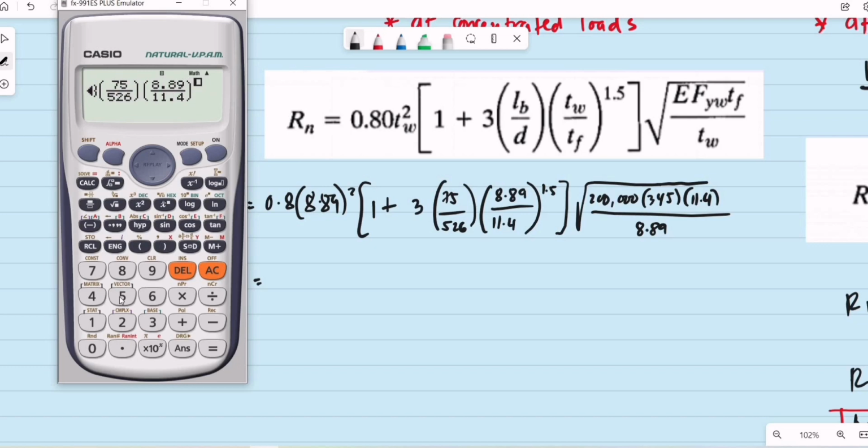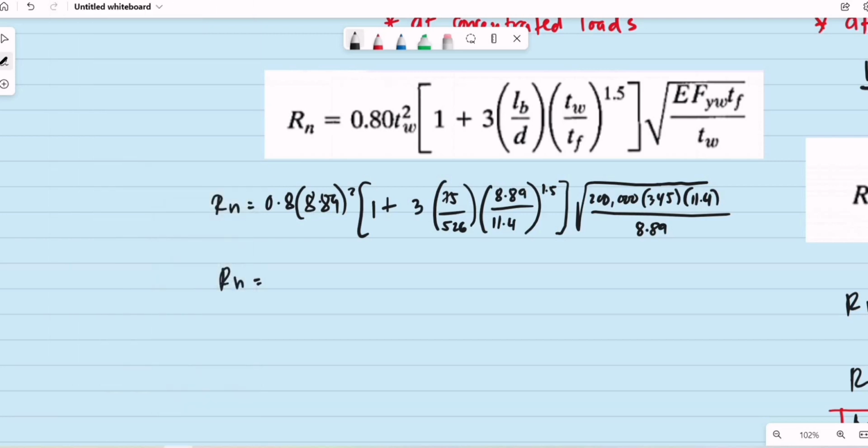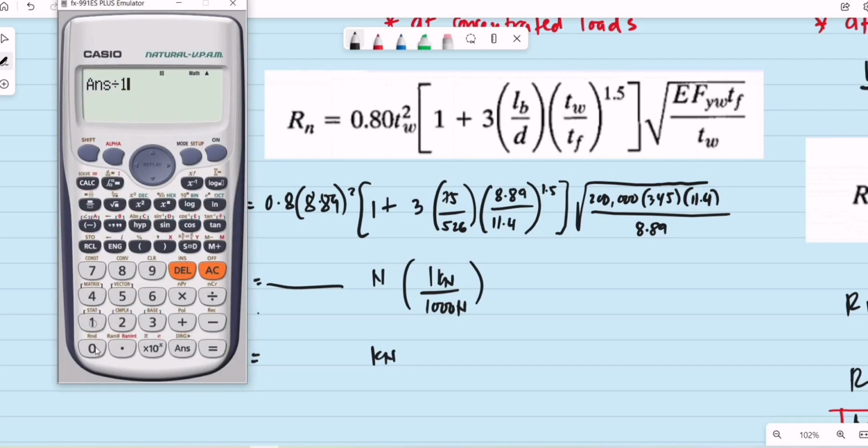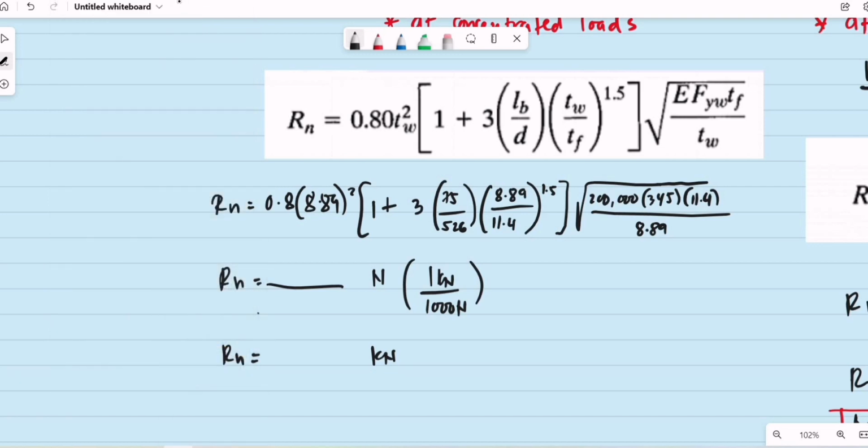This value is in newtons. Since 1 kilonewton is 1,000 newtons, we divide by 1,000. We have 769.92.